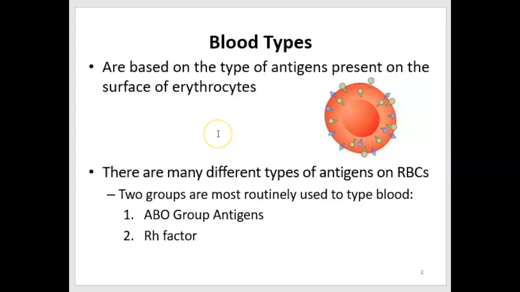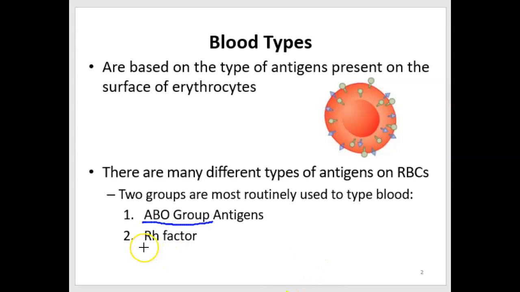Okay. So blood typing is based on red blood cell antigens. On the surface of erythrocytes are lots of different molecules, and they're called antigens because they're on the surface of the cell membrane. There are 2 groups of antigens used most routinely to type blood. One group is called the ABO group.